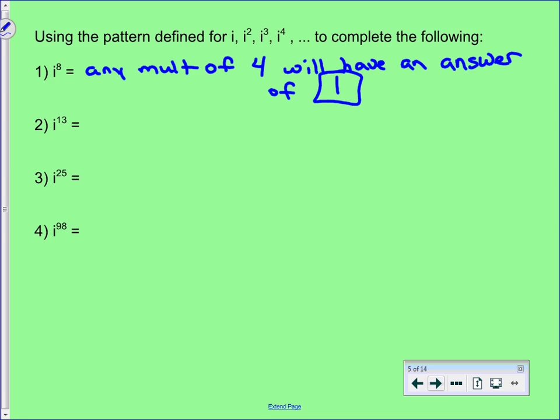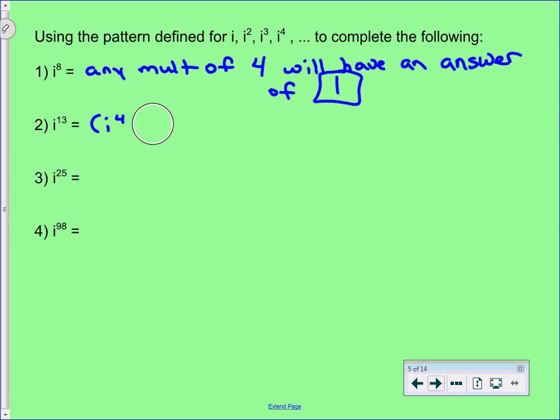That piece of information is really going to help us out as we get to this next part, our i to the 13th. Because we most certainly could do i to the fourth times an i to the fourth times an i to the fourth times an i to the first, which means we have 4 plus 4 is 8, plus another 4 is 12, plus another 1 gets you to 13.